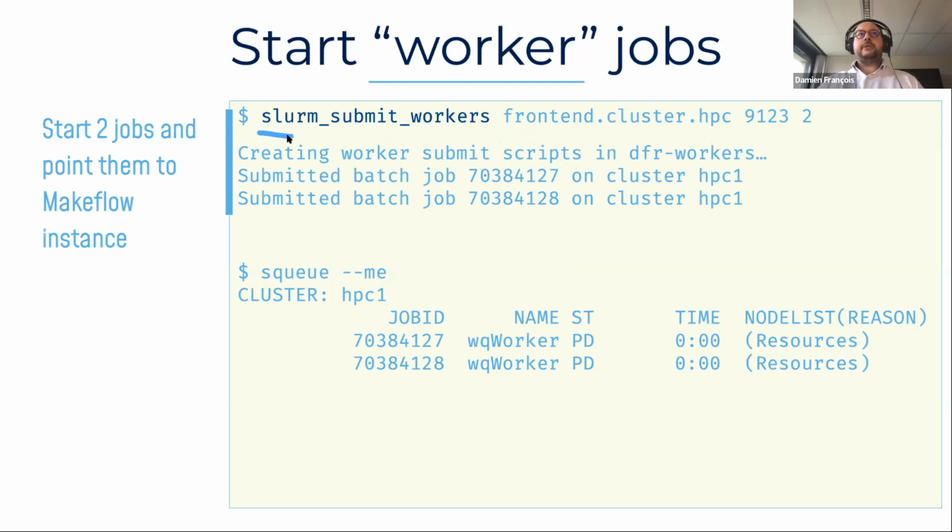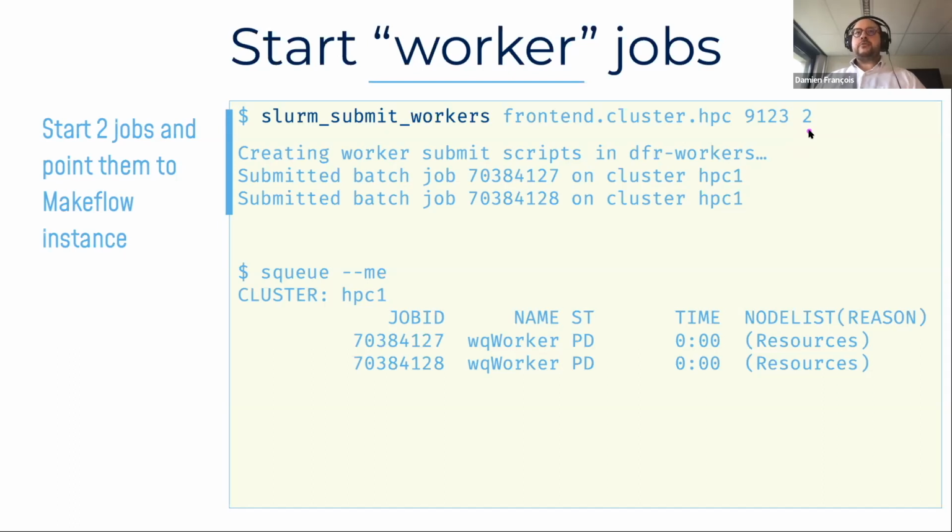Here with Slurm, the program is called slurm_submit_workers. It will require 3 parameters. The first one is the name of the machine on which Makeflow was started. Let's assume here it's the front end of the cluster. It will ask for the TCP port it is listening on and the number of jobs to submit.